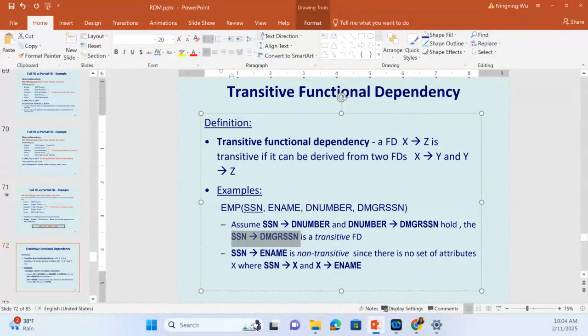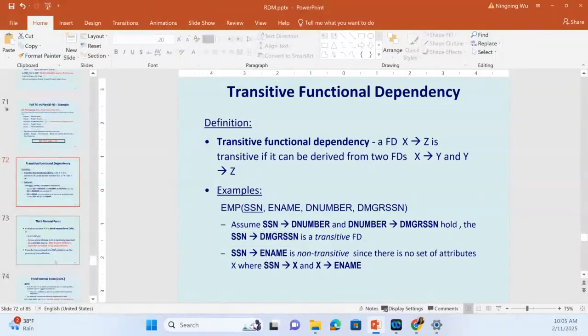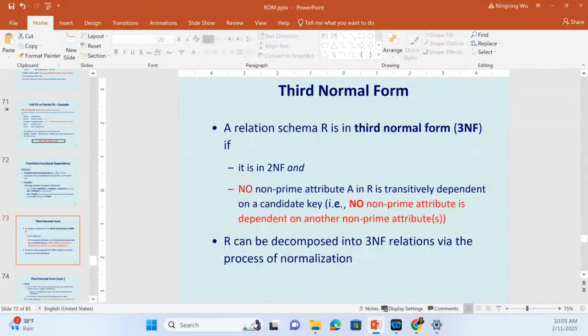SSN is a key. Okay. So transitive functional dependency in terms of the primary key is not considered good. Okay. So that's called transitive. But later we're going to study a more easy-to-understand definition for the transitive functional dependency.